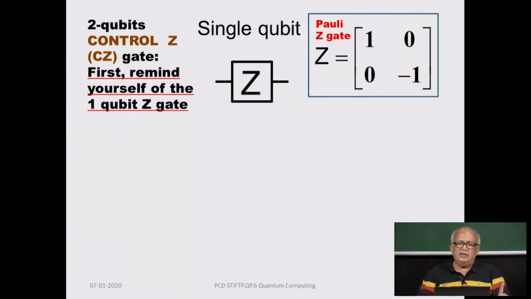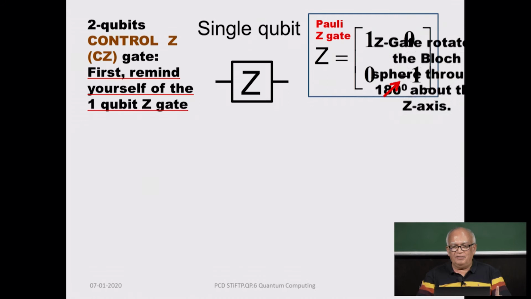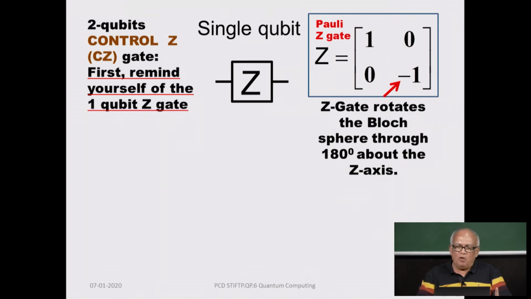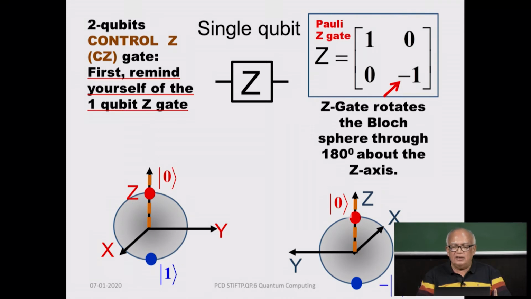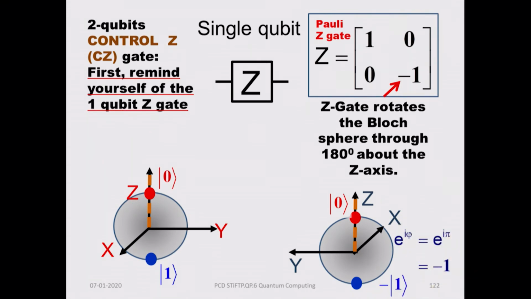So, the 1 qubit Z gate, which was a Pauli Z gate, was represented by the Pauli Z matrix 1 0 0 minus 1, right. There was a minus sign which you should remember, and what it did was to rotate the Bloch sphere through 180 degrees about the Z axis, and the minus sign came because the x axis and the y axis got rotated, right, and the phase is measured with respect to the zx plane or the half zx plane. So, that is the reason you had a minus sign.